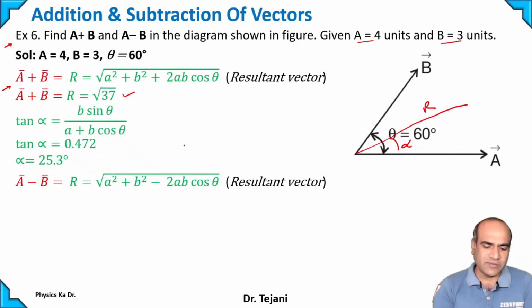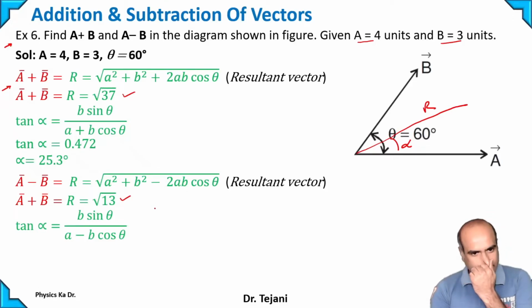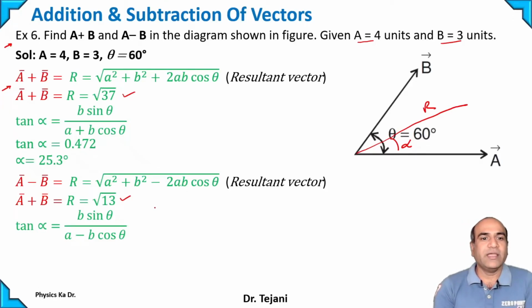Put the values here, so that becomes root 13. And tan alpha is equal to B sin theta divided by A minus B cos theta. Put the values here and you will get tan alpha equal to 1.04 and alpha equal to 46.1 degrees. It is very simple.